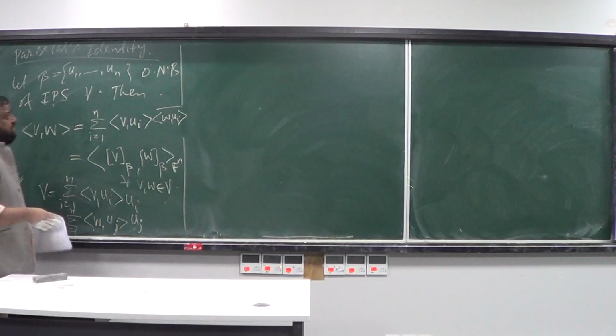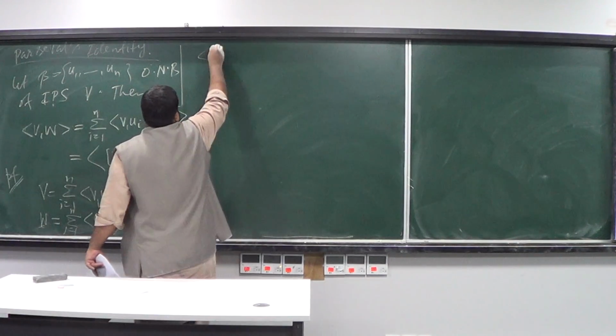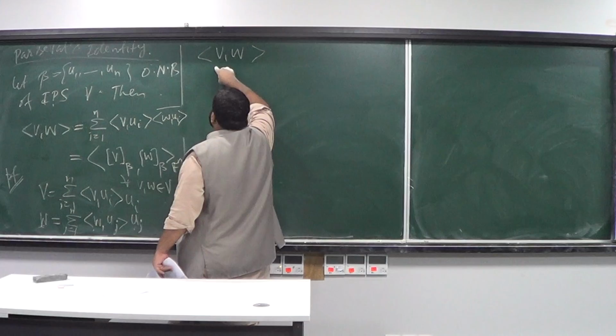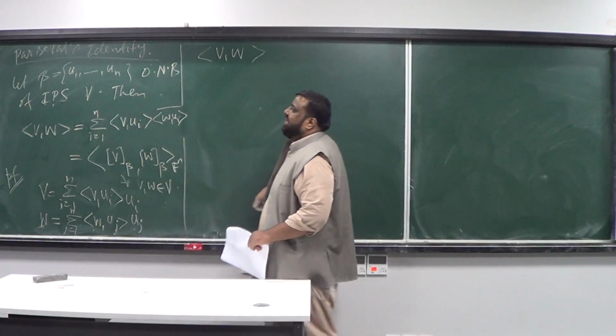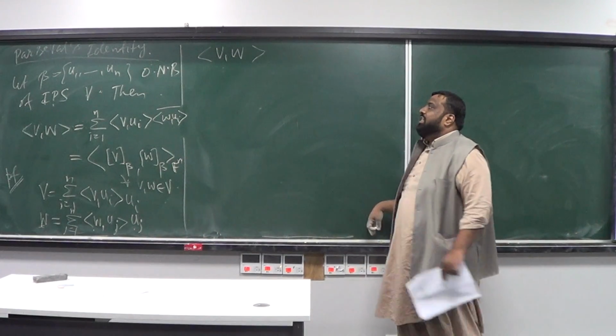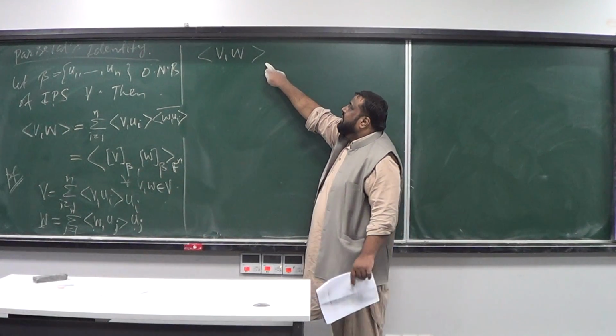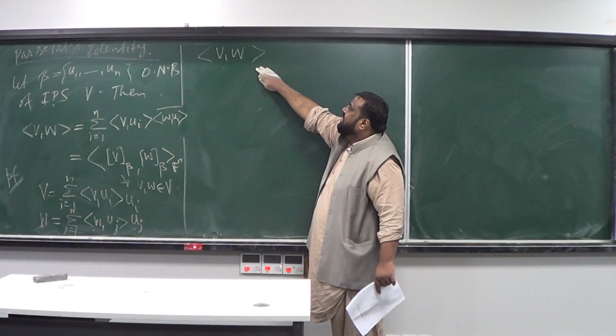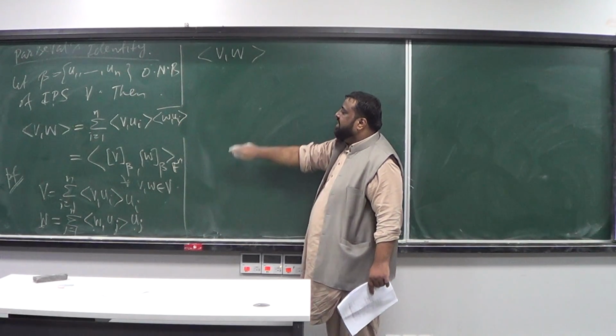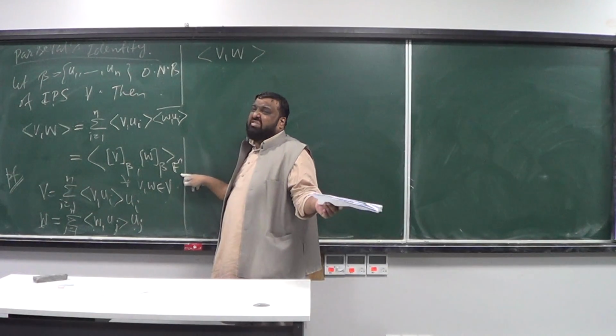And now let's compute the inner product of v and w. By the way, this inner product is any inner product. This is what makes it very interesting, that you take an abstract inner product and you can express that inner product in terms of the inner product in Fn.